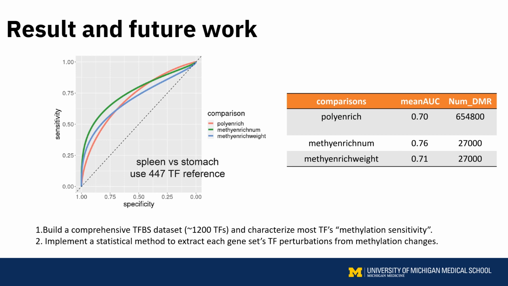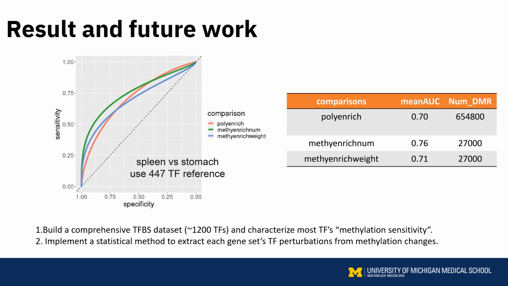We draw the ROC curve and calculate the AUC to represent the performance of METHYENRICH. We collected paired RRBS and WGBS data from the spleen and the stomach, and we use the RNA enrichment testing results as the gold standard.